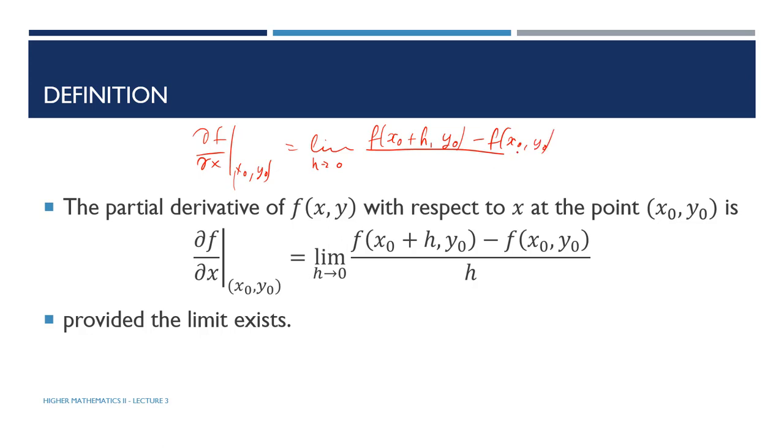If you look carefully here, we are holding y0 as a constant. So we may calculate the derivative at the point when x equals x0, provided the limit exists. If this limit exists, we can calculate the derivative.